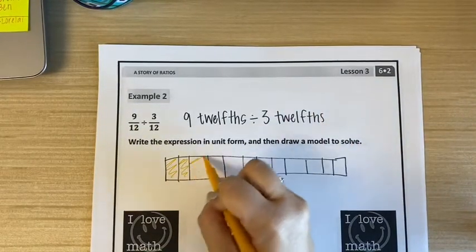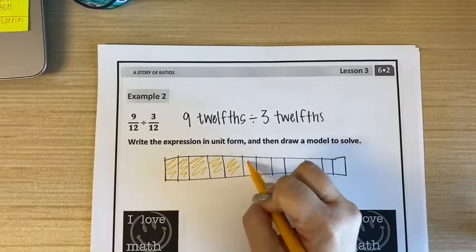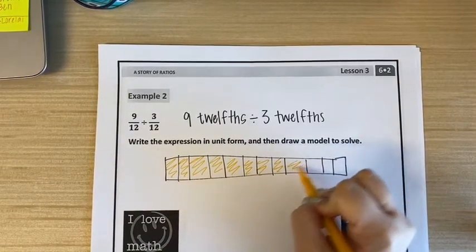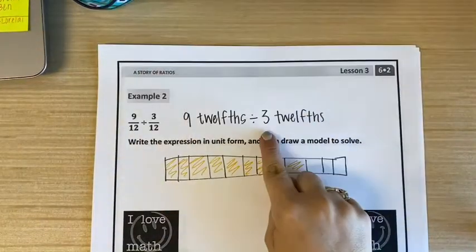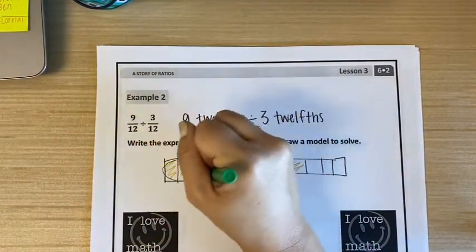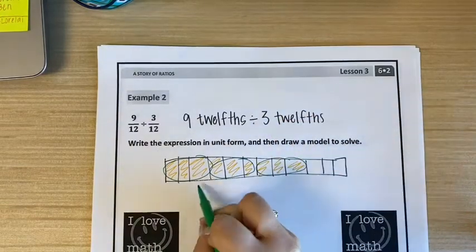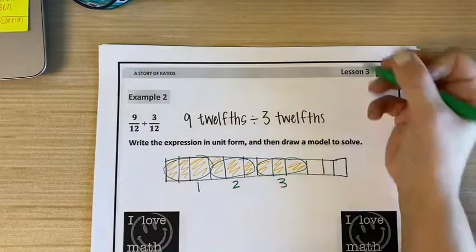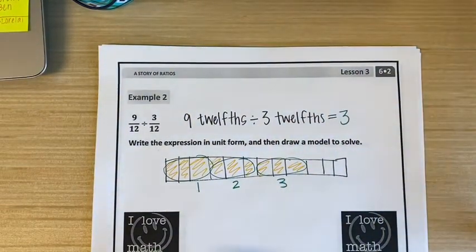And I want to split them into groups of 3 twelfths. 3 twelfths, 3 twelfths, 3 twelfths, 1 group, 2 groups, 3 groups. So I get 3.